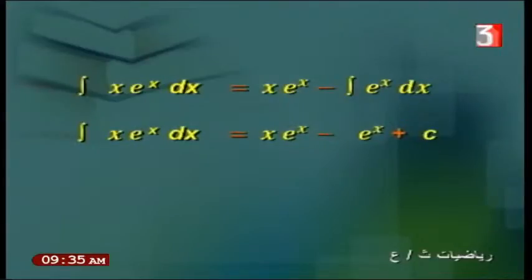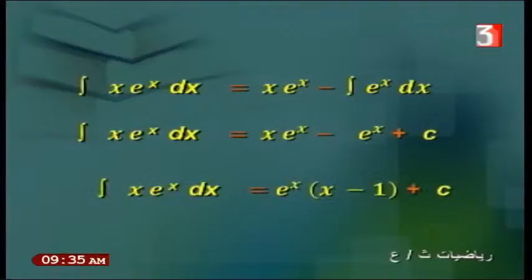Then the integration of x e power x dx equals x multiplied by e power x minus e power x plus the constant c, and we can write the result as e power x multiplied by (x minus 1), after we take e power x as a common factor, plus the constant c.